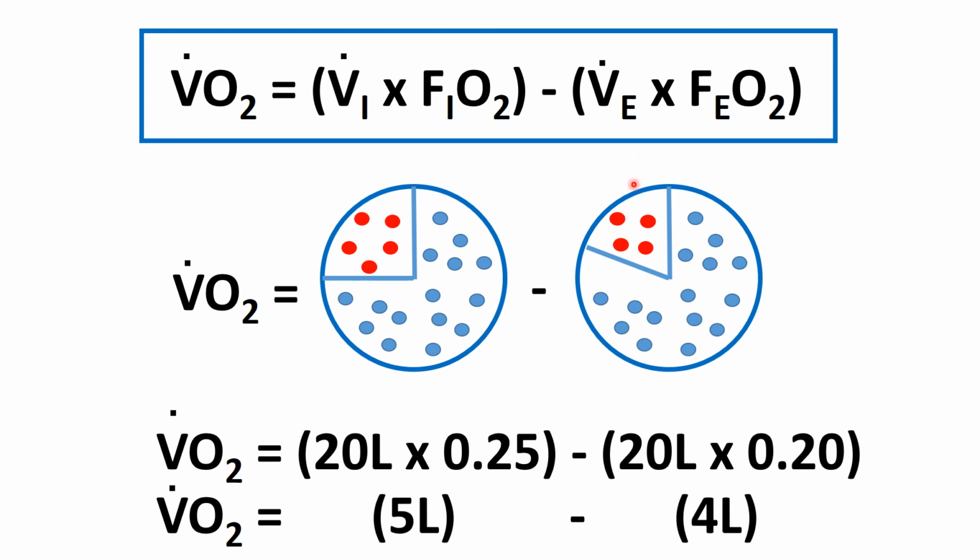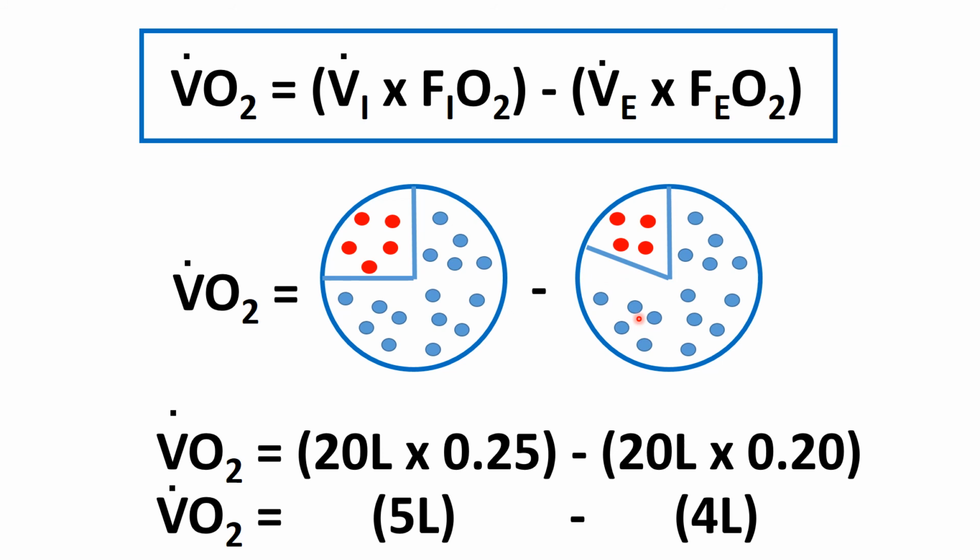So the size of this circle is the same as this circle, but in our expired air sample the fraction of expired oxygen is less. Now this sample is made up of other gases, so nitrogen and largely some more CO2, which is going to make up the difference.